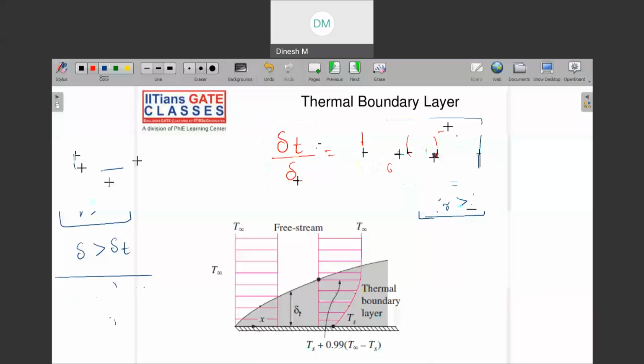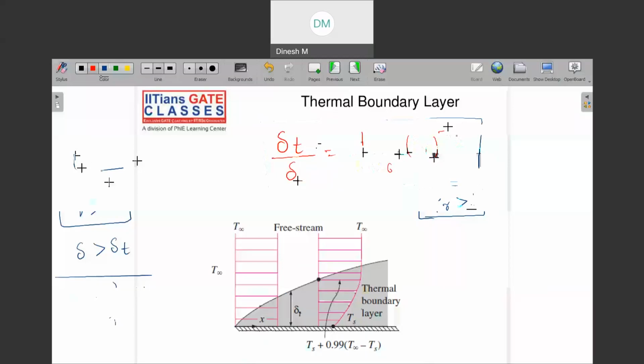Now, your surface temperature is higher. Let us say the free stream is at 20 degrees Celsius and the surface is at 400, so definitely the surface is higher.